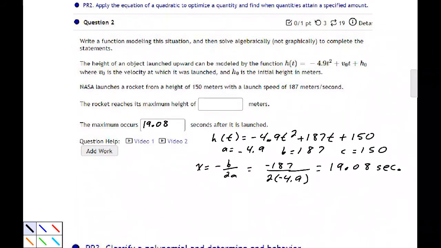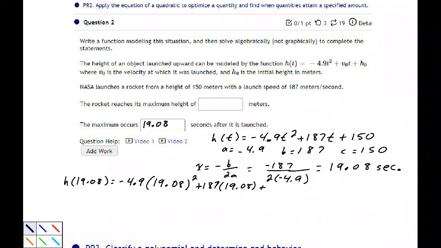Now to find the maximum height, we'll take 19.08 and evaluate that in our function that we had. So that's h of 19.08, which will be negative 4.9, parentheses, 19.08, close parentheses squared, plus 187, parentheses, 19.08, plus 150.